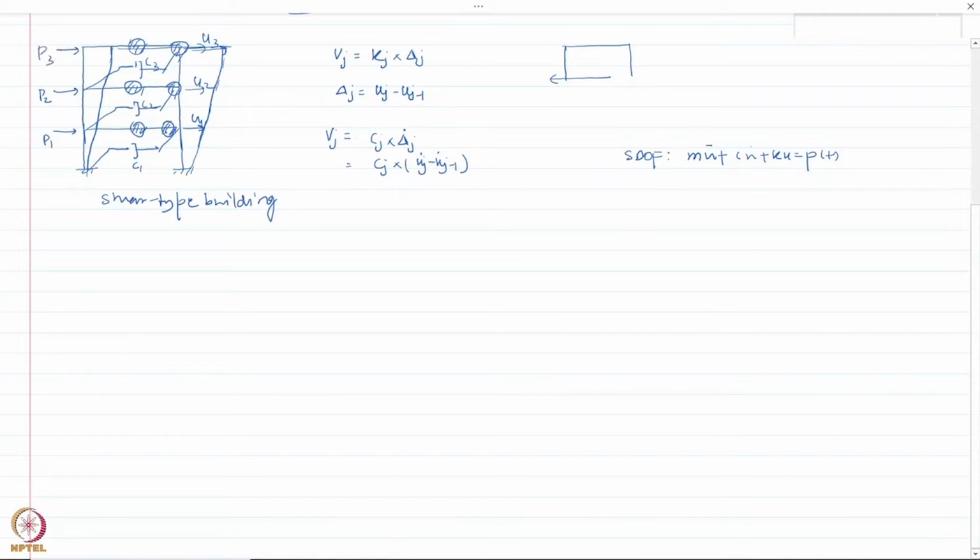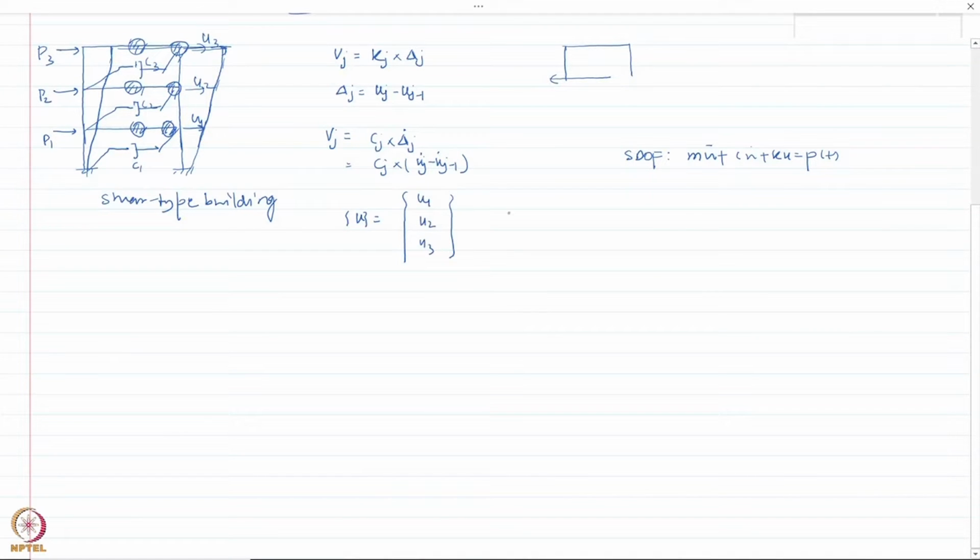Okay, so we have basically forces and deformation that are not a single valued function, but it is like a vector of multiple quantities. So here instead of a single quantity, the deformation u actually is a vector. Let us represent it as a vector. If it's a three-story building, let us say it's u1, u2, u3, and if it's an n-story building, it could be u1, u2 up to un.